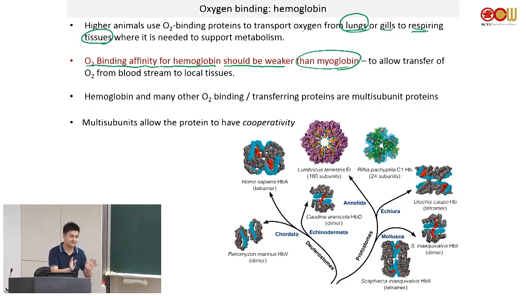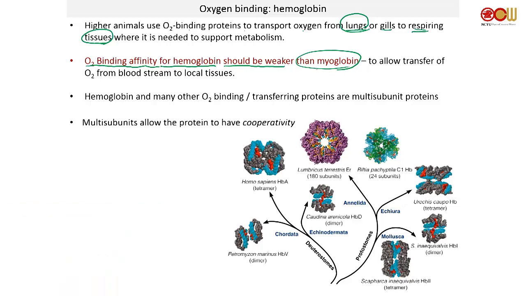That doesn't make sense, right? So hemoglobin has to have a lower affinity compared to myoglobin, because otherwise it's going to go in reverse. So hemoglobin has a lower affinity so that when it travels to the tissue, it can pass the oxygen to myoglobin.